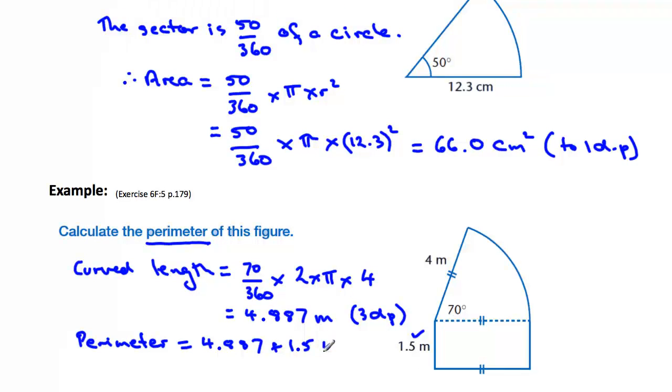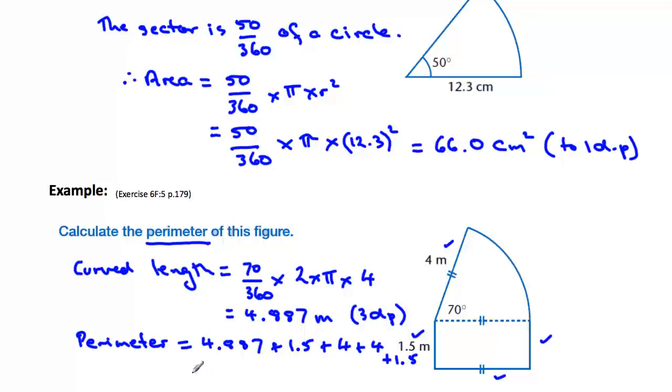Now we can go up this way here, which is 4. And we've got this distance here also, which is the same as this one. Remember, they're all marked the same. There's a 4. So we've got that one. We've got the curved length, so we've only got this one here. I've squashed up the room here a little bit, but we'll just write it in here as 1.5.